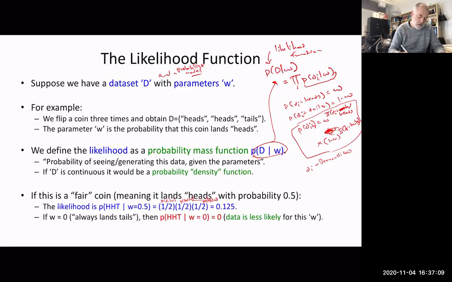If W is 0, then the probability of heads under this model would be 0. Then this would be 0, and this would be 1. And we take a product of all of those, which is 0.